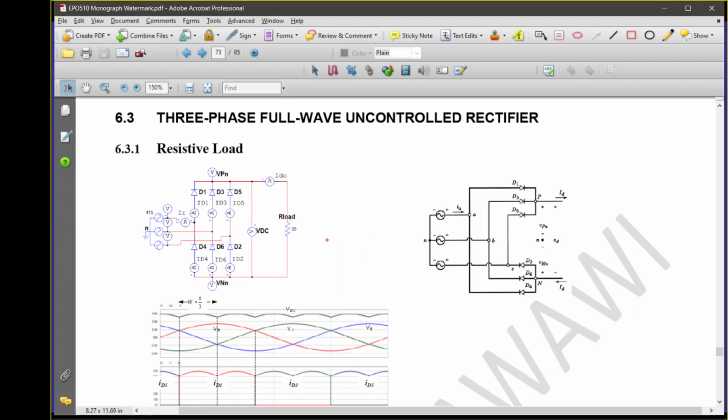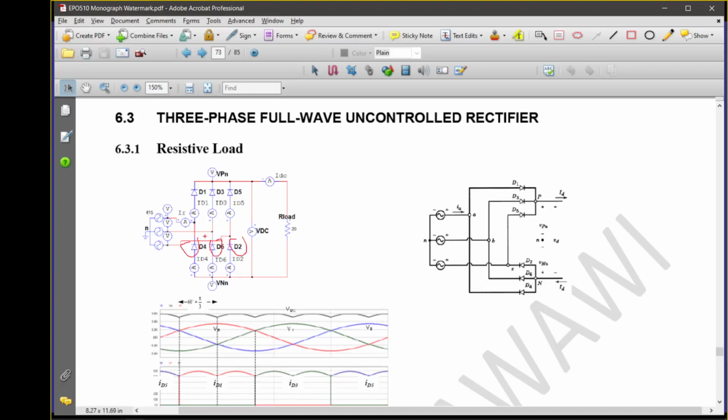Okay, and if you look further, the labeling of the diode must be, I'm telling you, it must be in terms of D1, D3, D5, and for the bottom group it has to be D2, D4, D6.